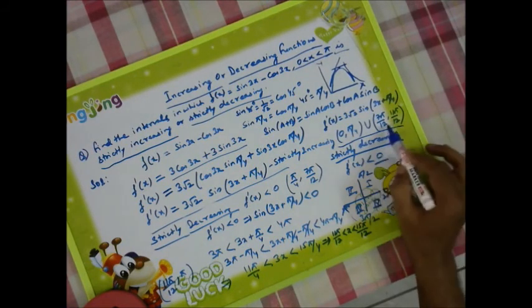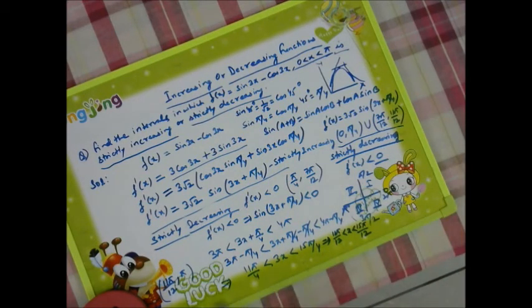That's why we are getting two intervals, which are between 0 and pi. So that's why I have made it up to pi only. Right. So in this way, we have found the strictly increasing interval.